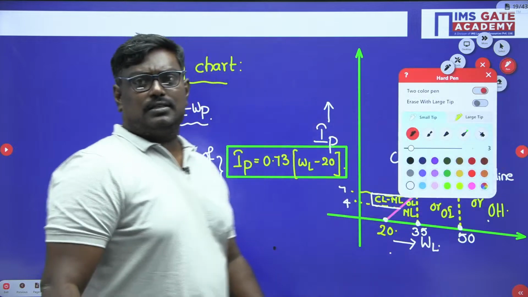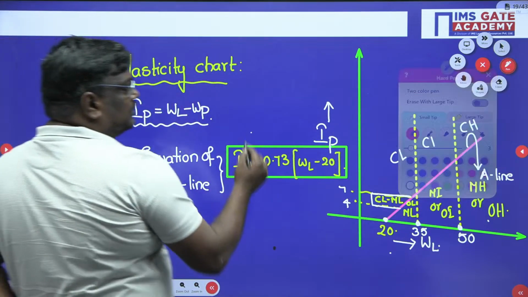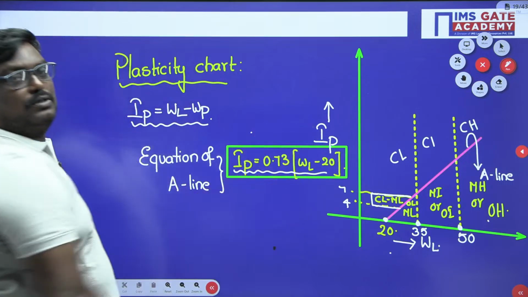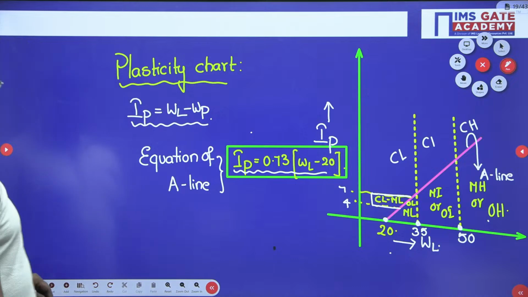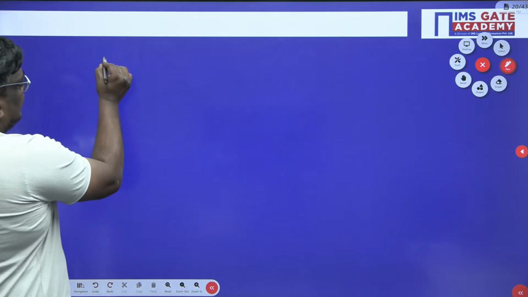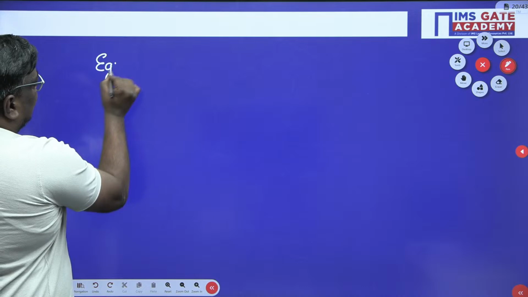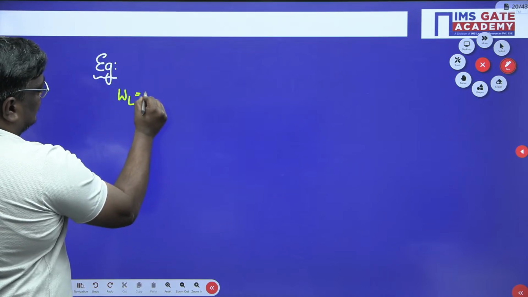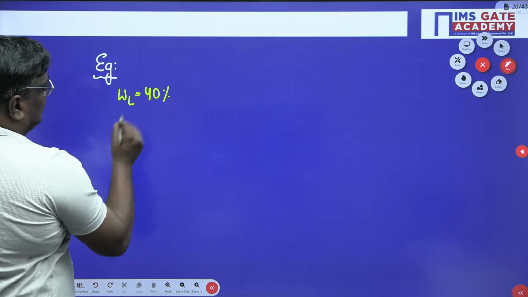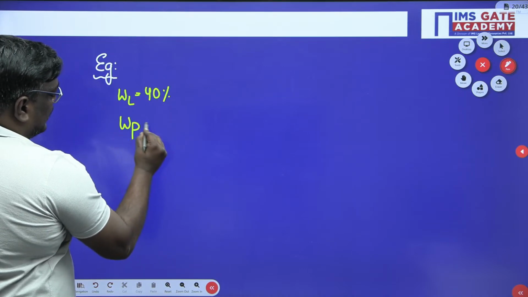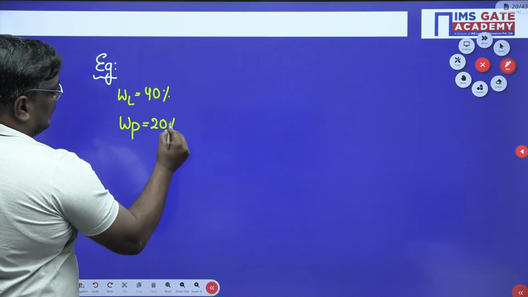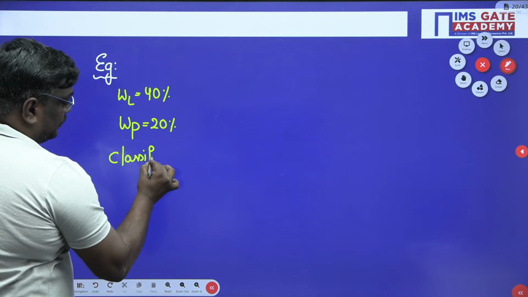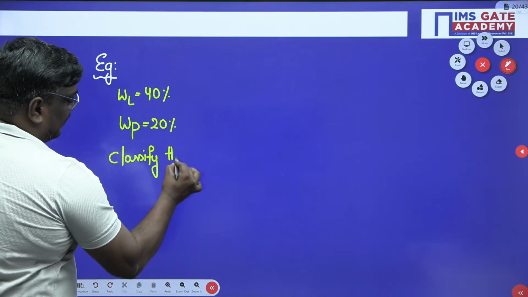Now see, students, this will help you to solve problems. Let me give you one example. If they have given liquid limit as 40 percent and plastic limit as 20 percent, they can ask you to classify the soil. I have given you a simple question.